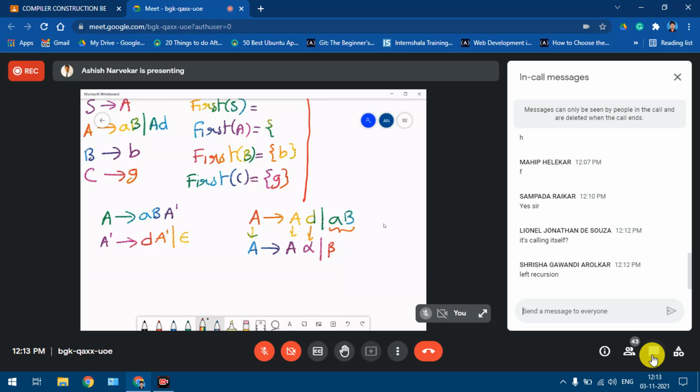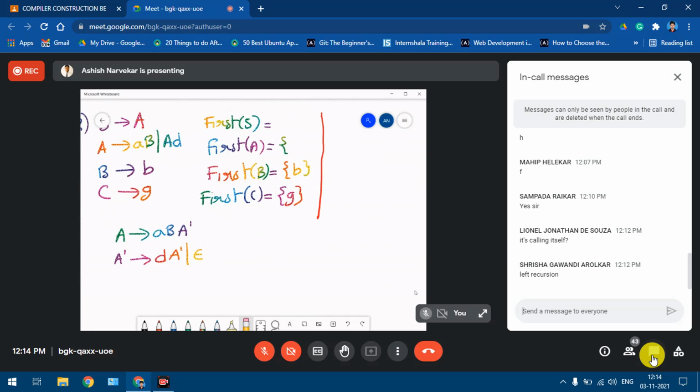So this is our non-left-recursive grammar rule corresponding to this particular rule. Now I'm just doing the changes here itself to save time. We have to wipe out this particular rule, and you all have to rewrite the whole grammar in this form.